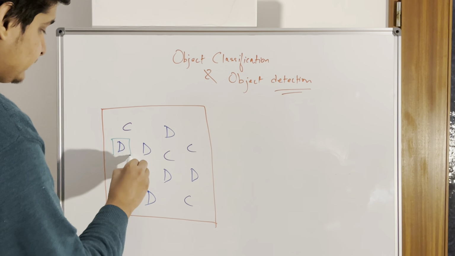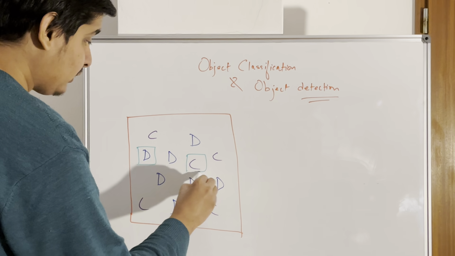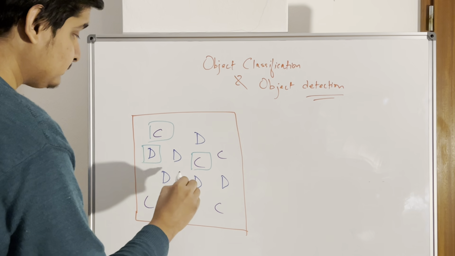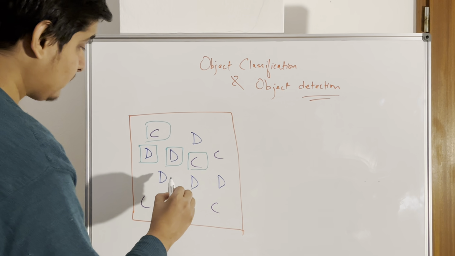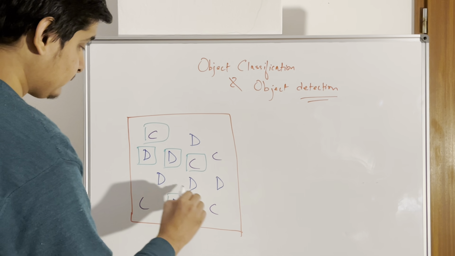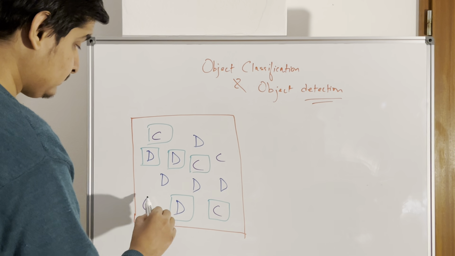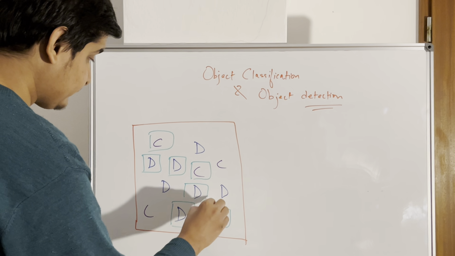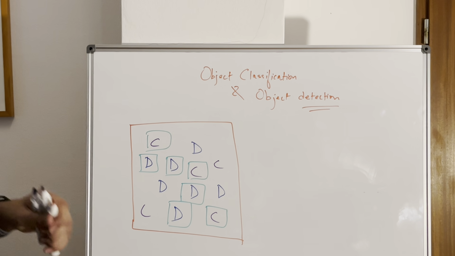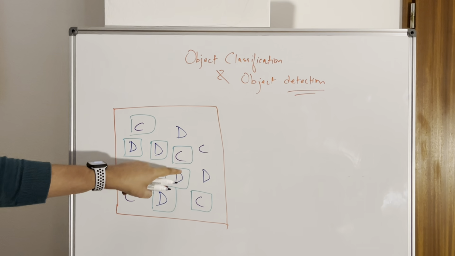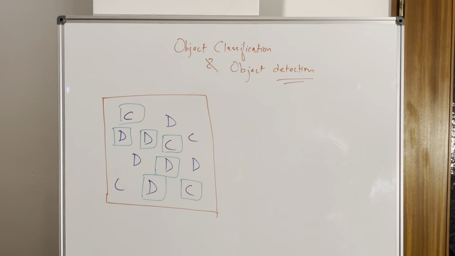It said this is a dog, this is a dog, this is a dog, this is a dog, this. So our model thinks that these 7 are actually dogs.